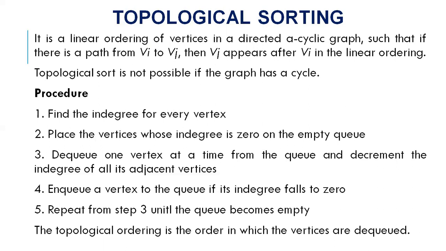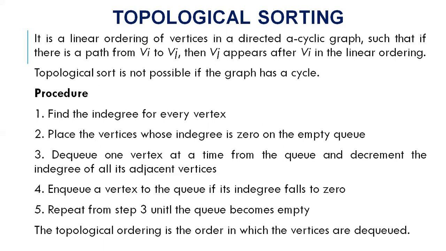Then step 2: place the vertices whose in degree is 0 on an empty queue. We have to use one queue, and after finding the in degree of each and every vertex, we keep the vertices which have in degree value 0 in the queue.